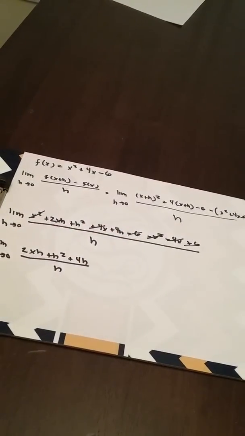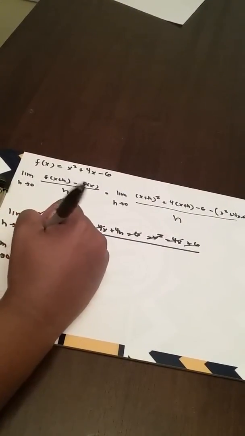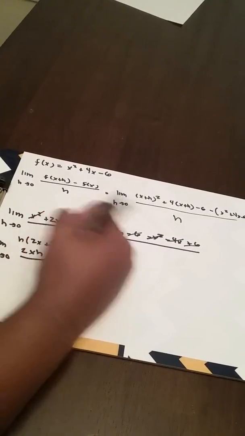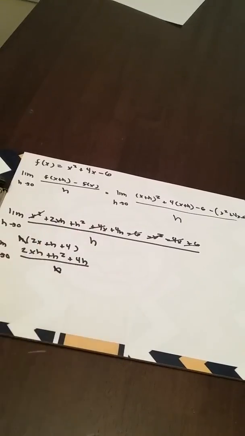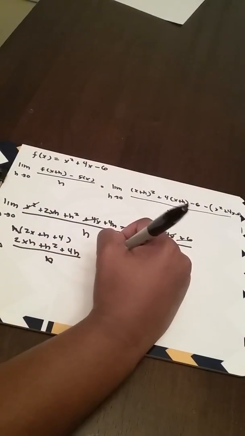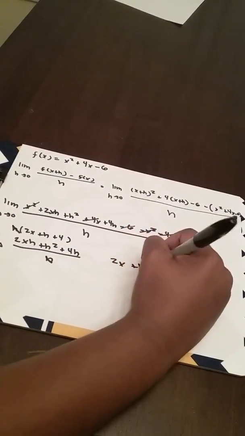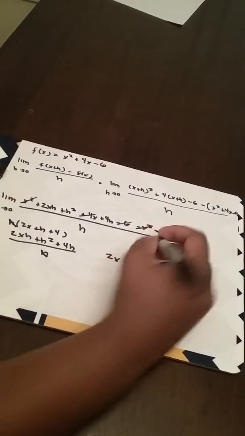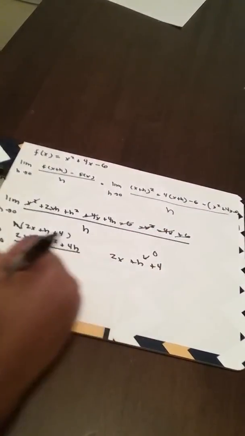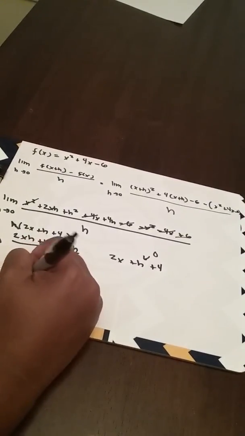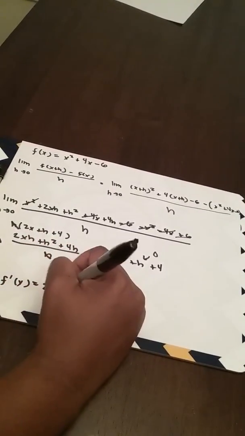From there, we can factor out an h, so that'll be h times 2x plus h plus 4, and then our h's will cancel. So we're left with 2x plus h plus 4. We can plug in 0, so we're left with f prime of x equals 2x plus 4.